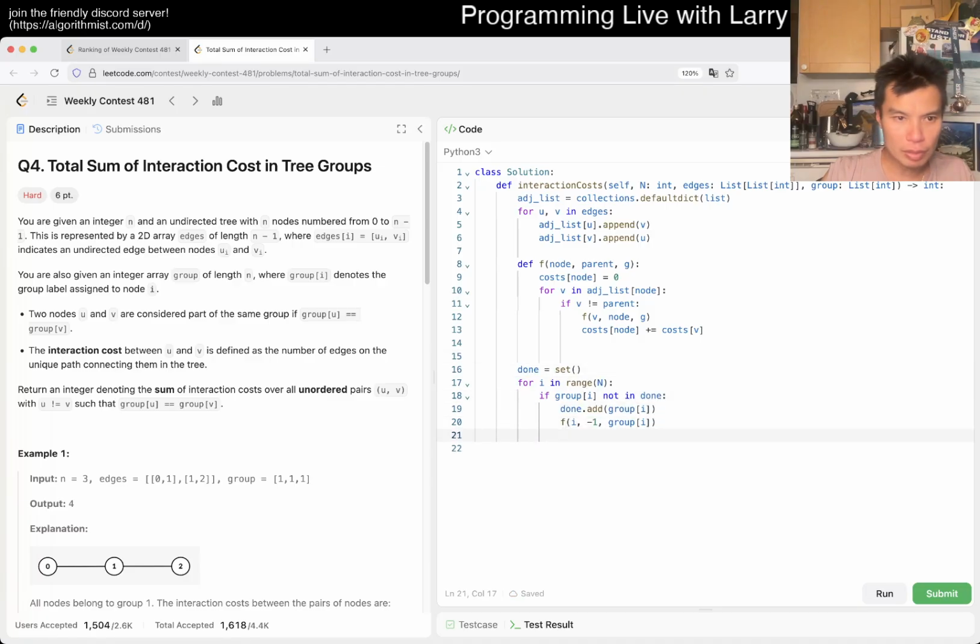Would I return? Okay, so the sum of all of these, right? So you don't have to break them down by group or anything. Maybe something like this.